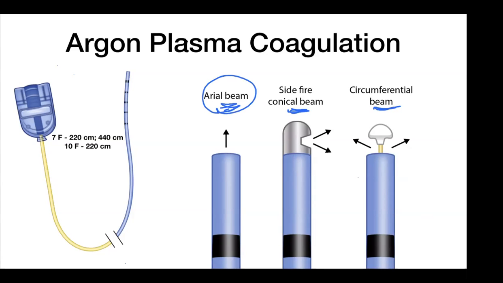Sometimes when the assistant doesn't look at what he is opening from the container, you may get a side fire, and sometimes it does not face the mucosa. It may be facing opposite to the mucosa, and then you struggle with that. So it's important to ask them for the right device and ask them to check before they open, because these devices are quite costly.